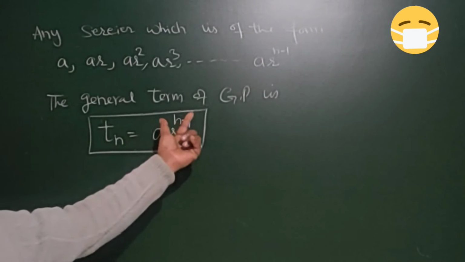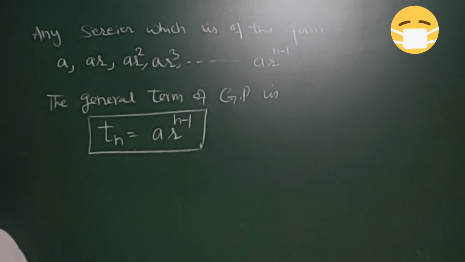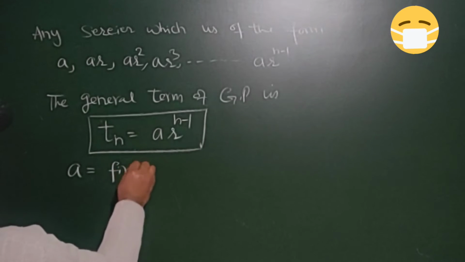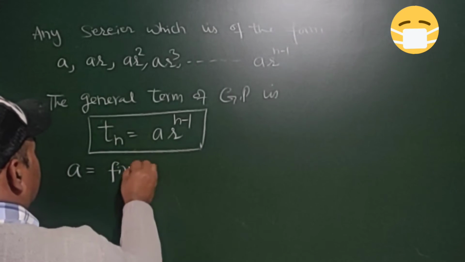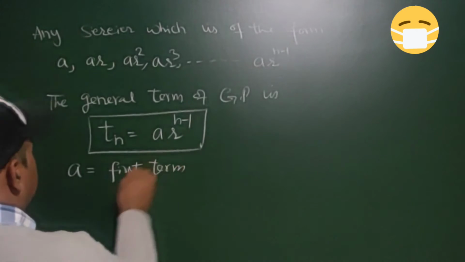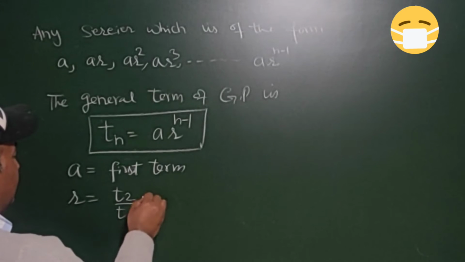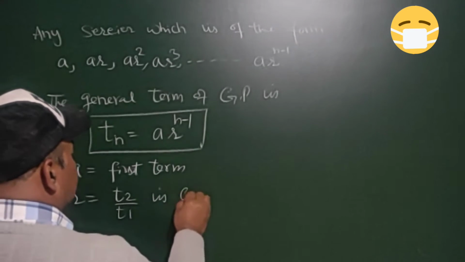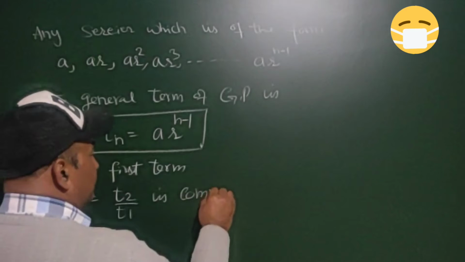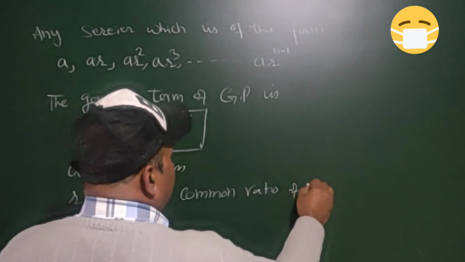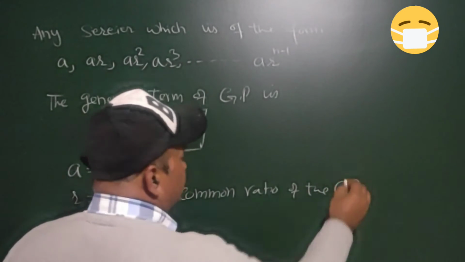Tn is equal to a into r raised to power n minus 1 is the general term of the geometrical progression, where a is the first term and r is equal to second term upon first term.